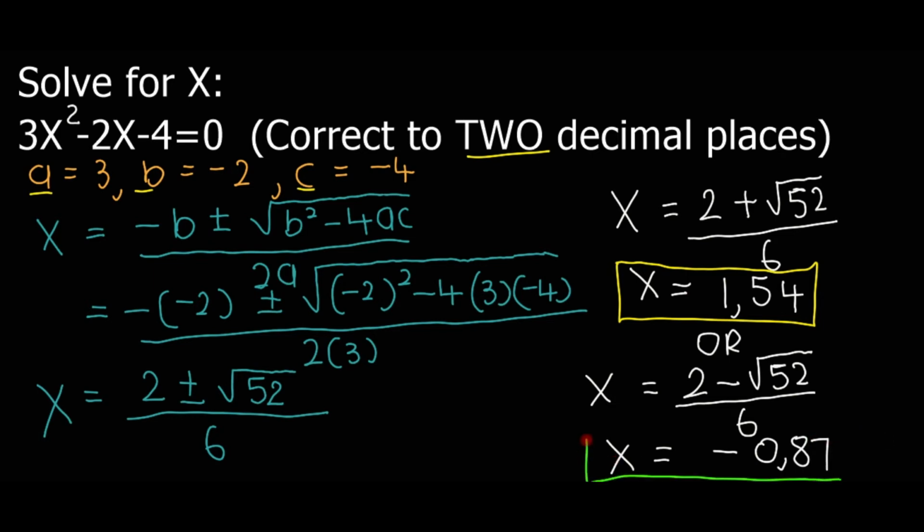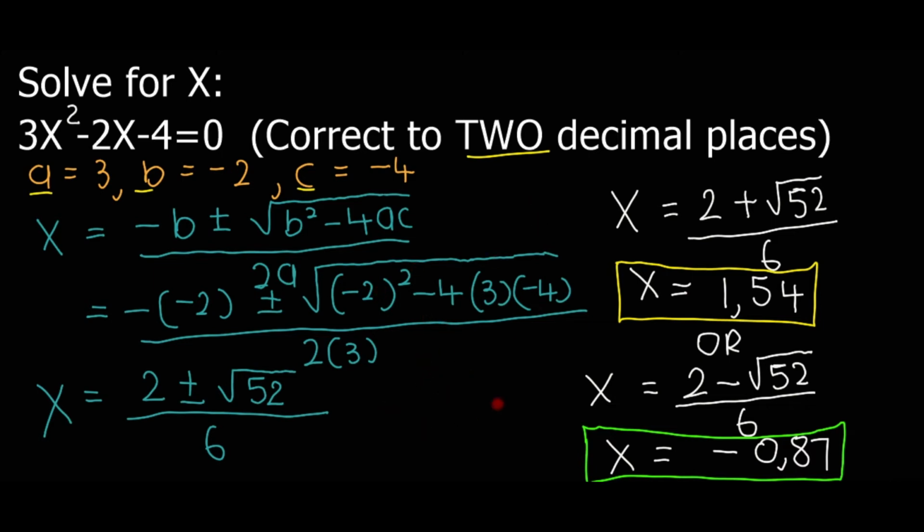So this is your final answer. So always we are told to round off to some decimal places, which means that problem does not have factors, therefore you are forced to use the quadratic formula. So this is our answer anyway.